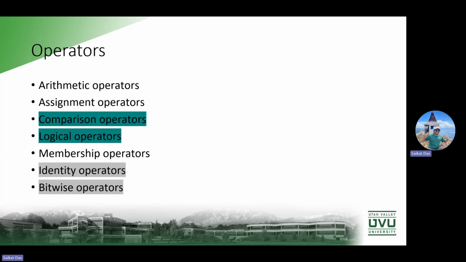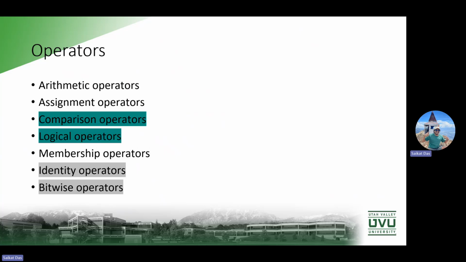Okay, operators. What does it mean by an operator? Who can operate, right? To operate what? Some operation. Like I would like to do some addition. What is the operation? Addition. Now, what is the operator? The add sign is the operator. So there are various types of operators that we are using in Python.